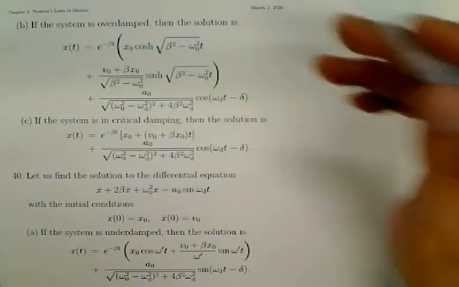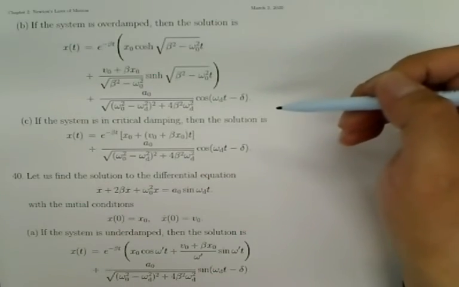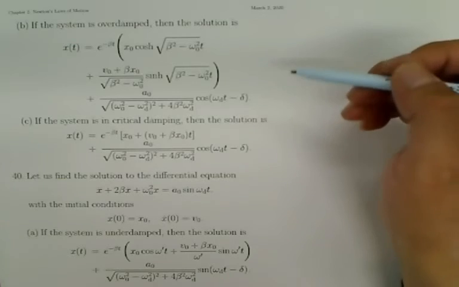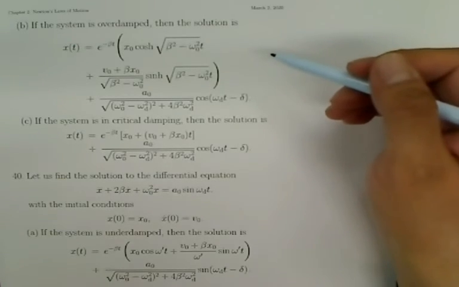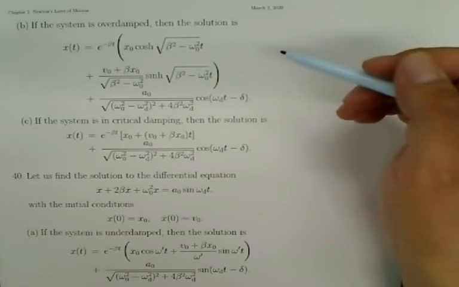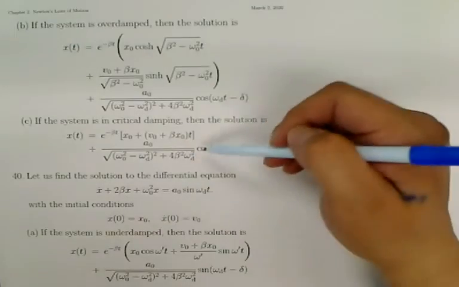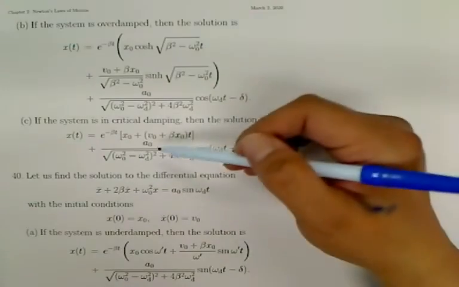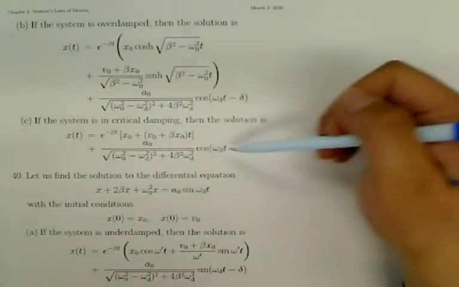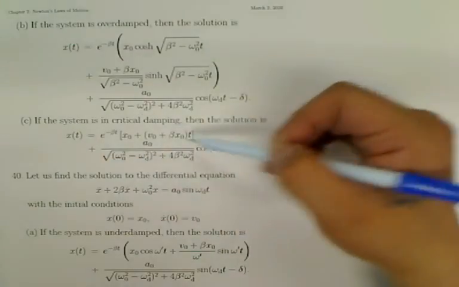So these are the final results. As a special case, we have critical damping, where beta equals omega 0. Then we still have the same particular solution and a damping factor.